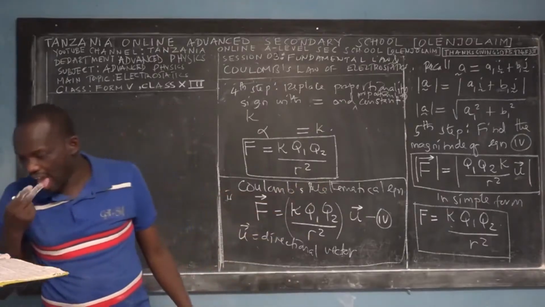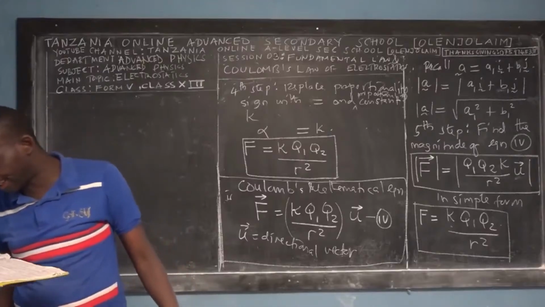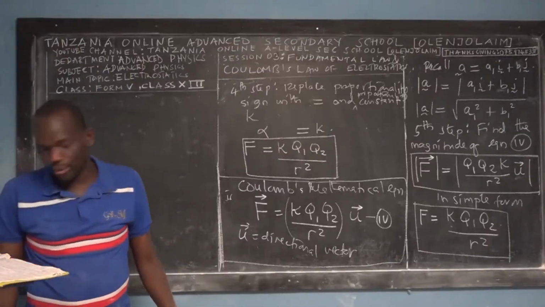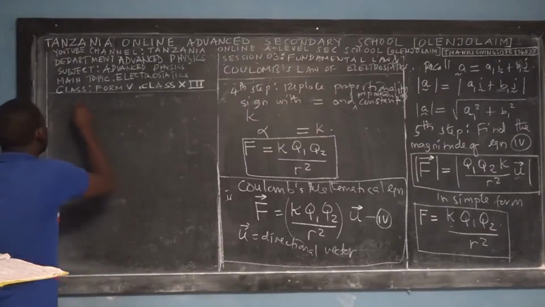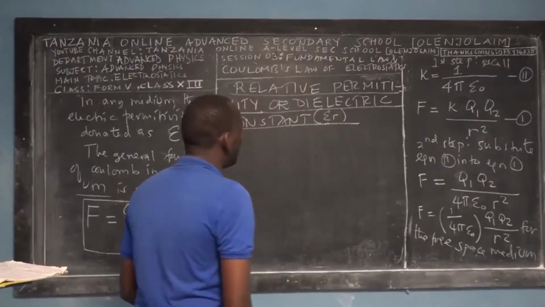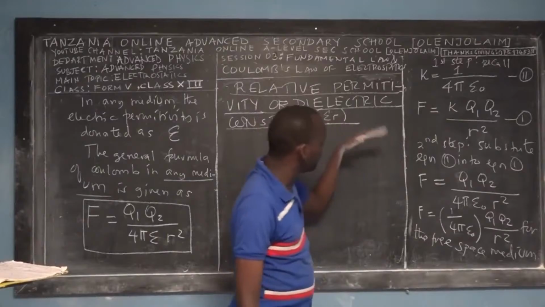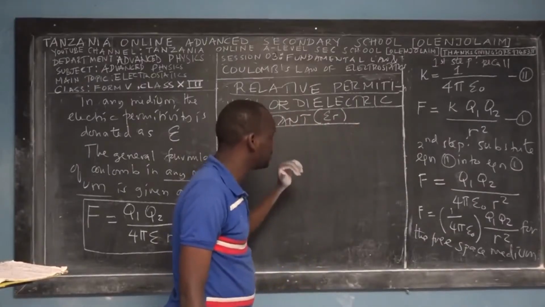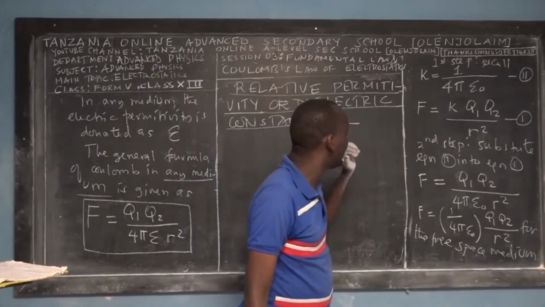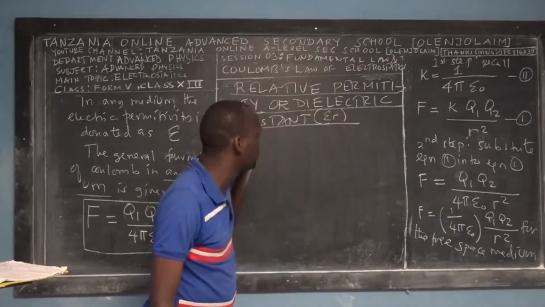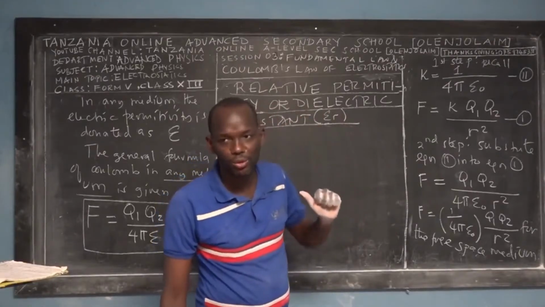That is all. Now let me take you into another direction. Let us deal with the proportionality constant. Just to remind you what we've been doing here, we want to show you the constant, which we call the electric permittivity in Coulomb's law, right?